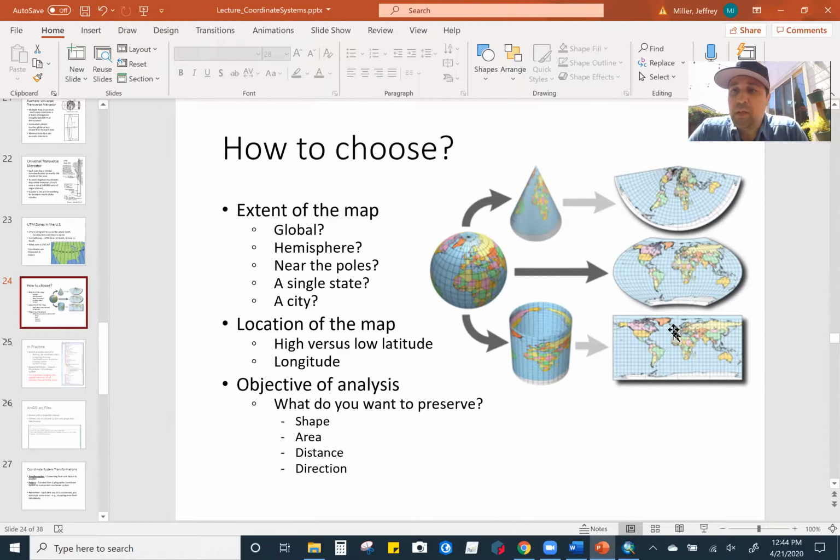Each one of these projections is going to have a little bit different purpose, depending on what the size is, and where the location is, latitude longitude wise, and what the objective is, because we have to take into account how much distortion is going to happen in these cases.